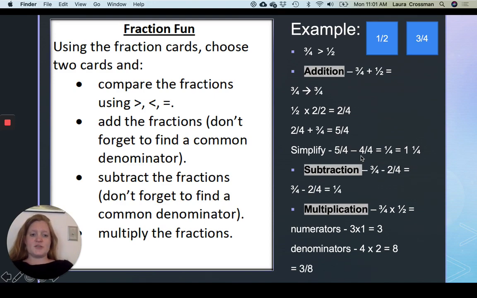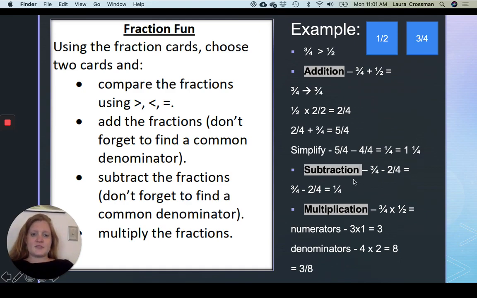So I subtracted 4/4, so I know I've taken one group of 1 out, and I have 1/4 left, which is now a proper fraction, so that doesn't need to be simplified. And like I said, I had already taken one group of 1 out, so I have 1 and 1/4 for my final answer on this problem.